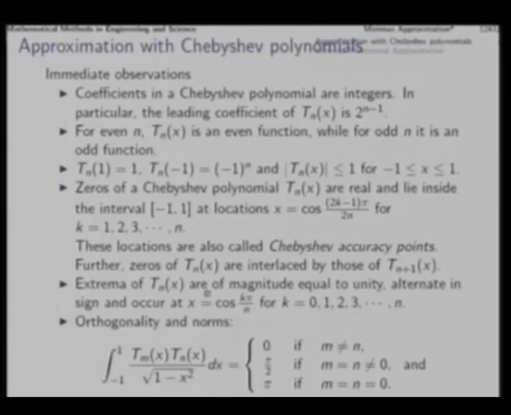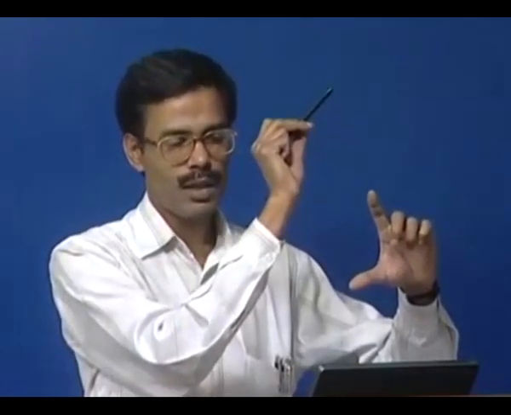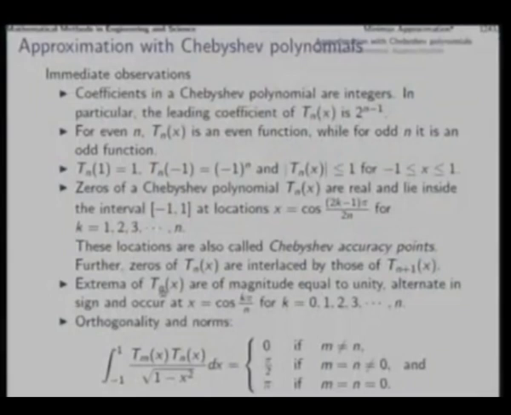One maximum, next minimum, next maximum, next minimum, all these maxima and minima of the same absolute value 1. That is, maximum value 1, then minimum value minus 1, then maximum value 1, minimum value minus 1, and so on. So, this is a very unique property, and this property is called the minimax property. We will see the significance of this property.